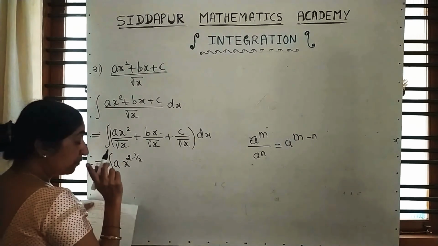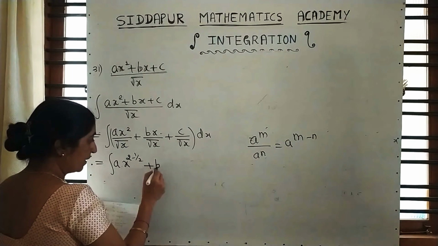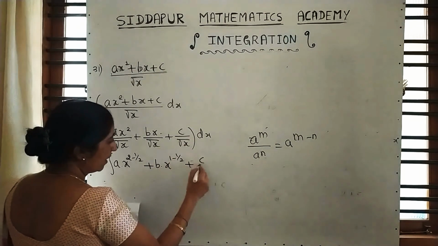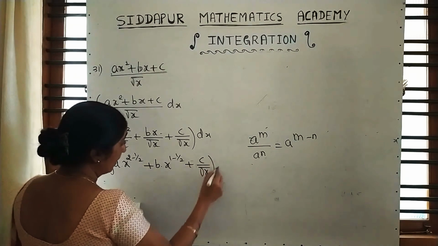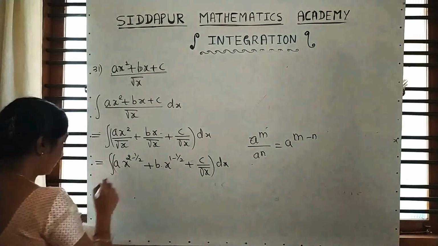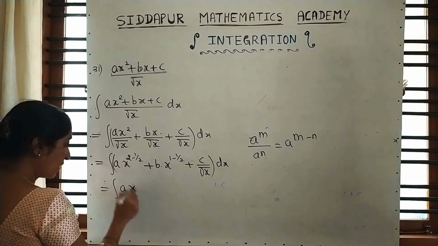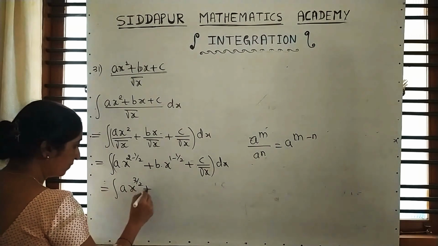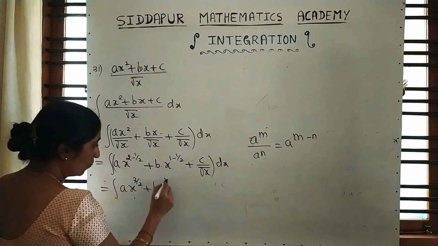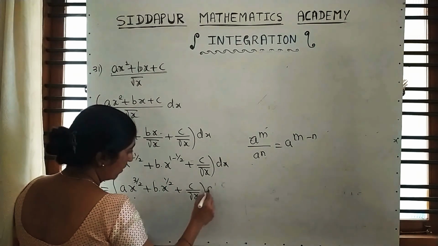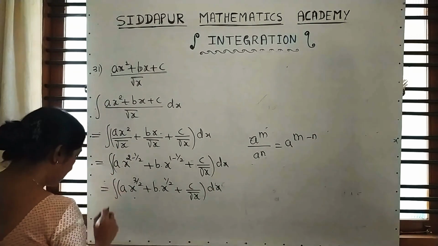Remember, this is before integration. The x power is 1. And here this I kept as it is because we are familiar with the formula. First simplify this. 2 minus 1 by 2 is what? 3 by 2. And this is 1 by 2 plus c by root x. Now the integration starts.